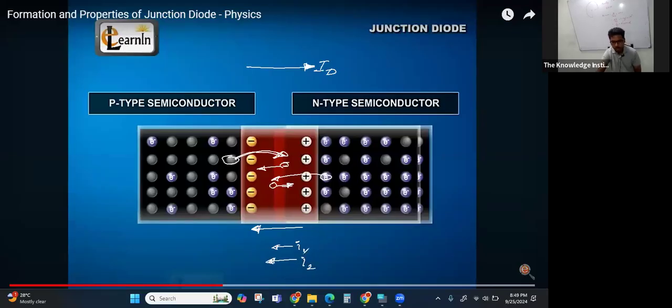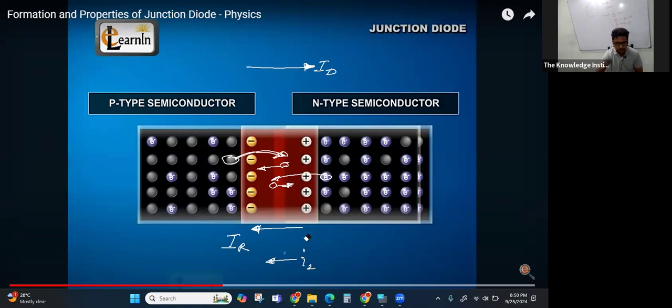We can consider that I2. I1 is due to the reverse movement of holes, or the drift current of holes. I2 is the reverse movement of electrons, or the drift current of electrons. Then overall, we can consider there is a reverse current. We can name it IR, the reverse current.